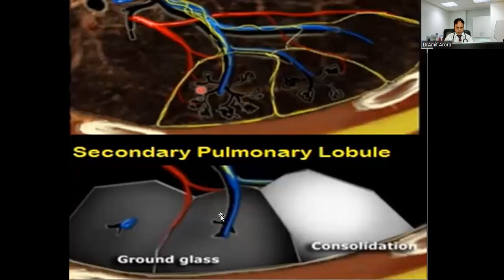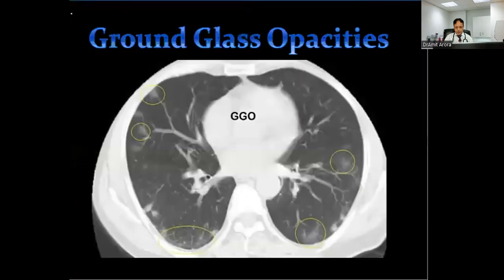This is the secondary pulmonary lobule, and you can see this ground glass opacity, a grayish opacity, will appear, partially filled with fluid. Later, as we go, it will get converted into consolidation. So let us see how it looks on a CT scan.